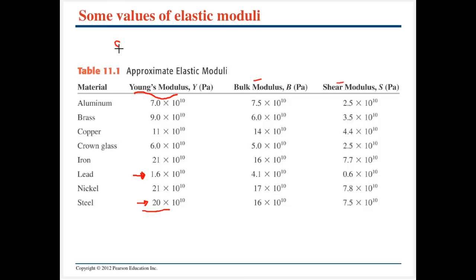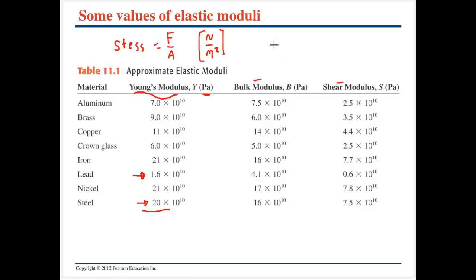One thing I forgot to mention in the last one were the units here. An object is going to have stress, which is going to be the force per unit area, stress is going to have a unit of newtons per meter squared, which can also be written as a Pascal, which is a unit of pressure.